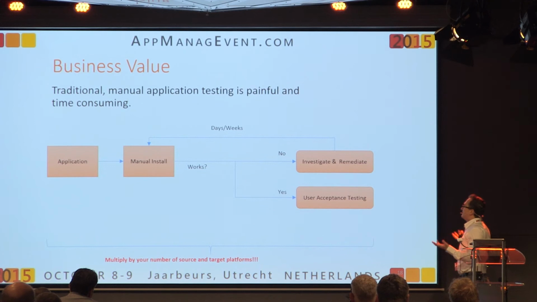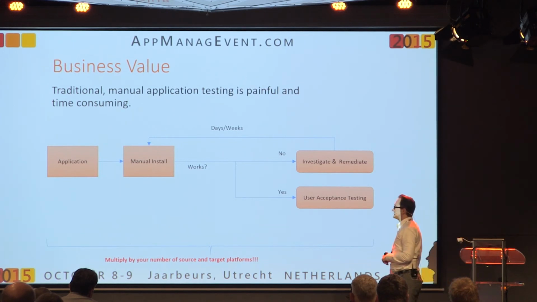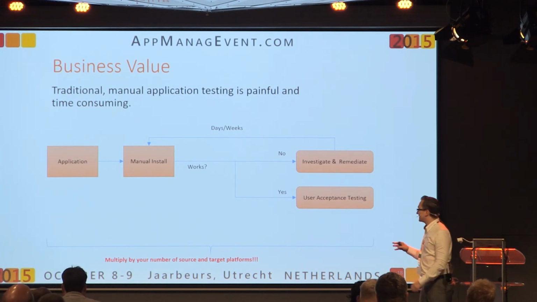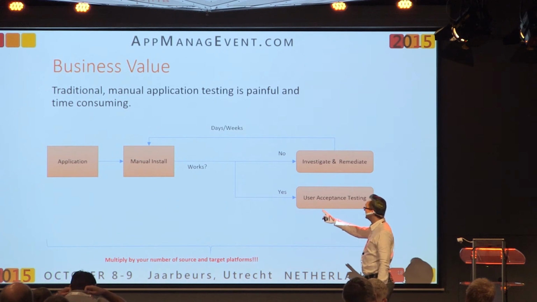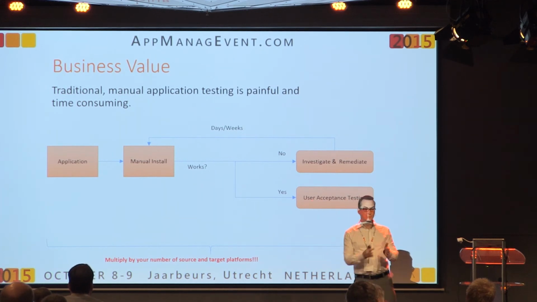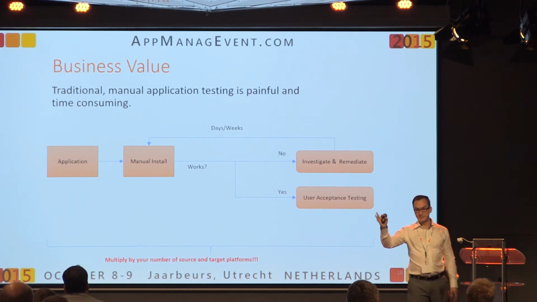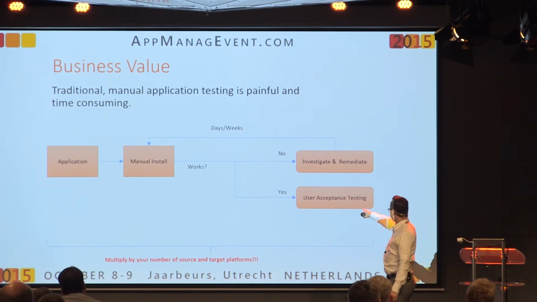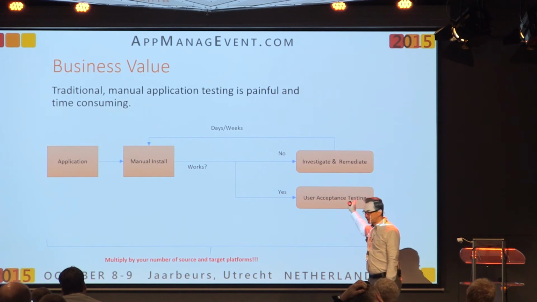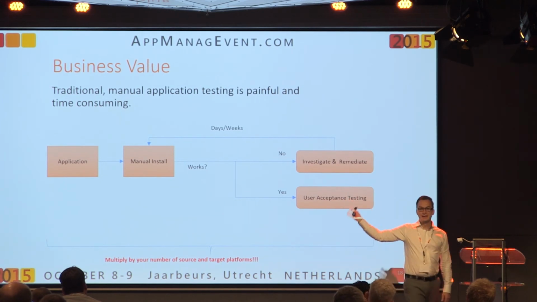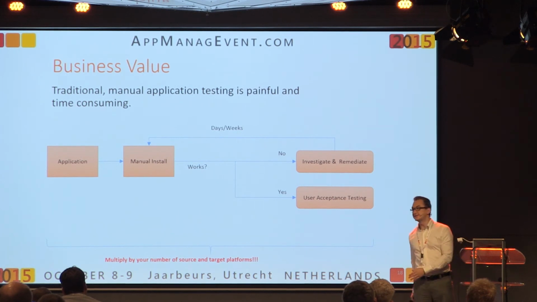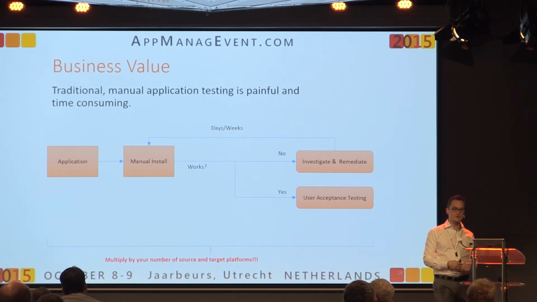So what's the key business value really in the AppDNA approach? It's effectively a way of automating some of the assessment of applications. Traditionally, in environments, people will get an application, they'll do a manual install of it, they might push it to UAT, but they'll probably do a bit of a smoke test. If it fails, there's an investigate and remediate phase. Once that succeeds, it could go back to the packaging team.